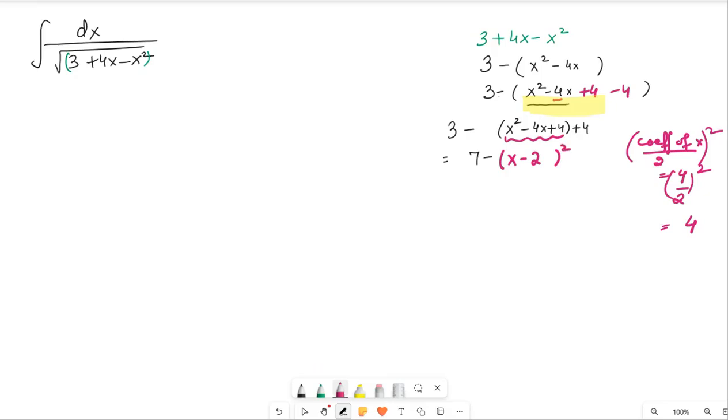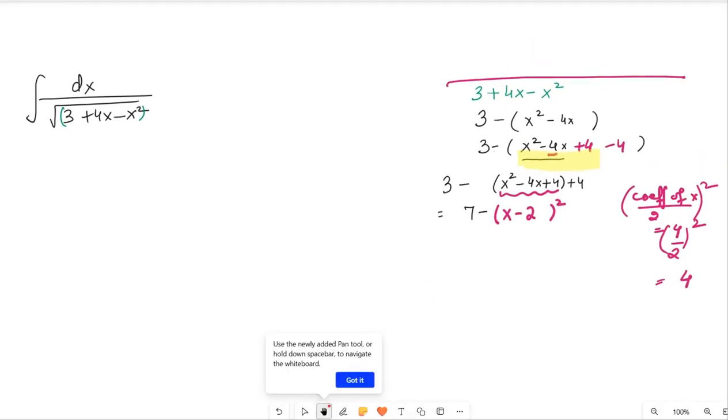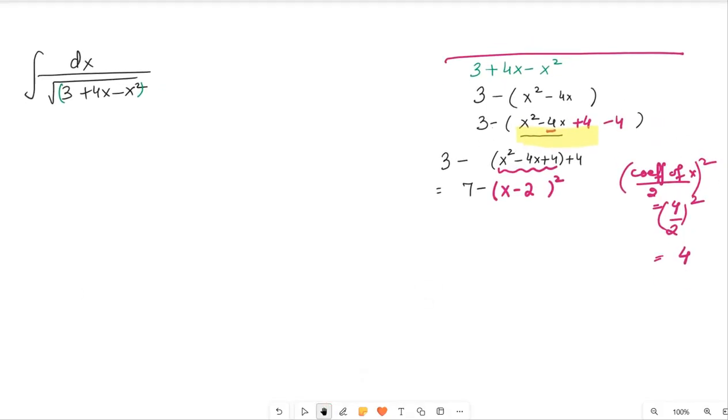If you remember, let's write the rule here. A minus b whole square is a square minus 2ab plus b square. So that's why this looks like x minus 2 whole square.